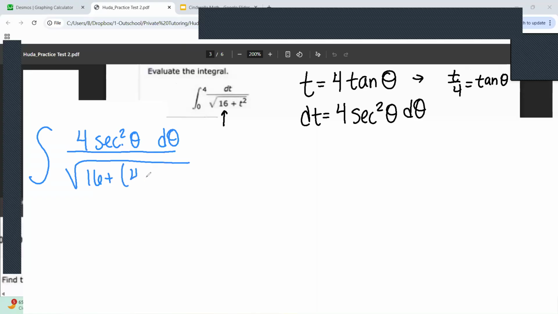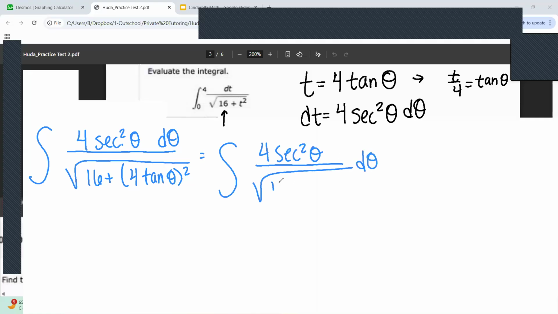Well, our t is 4 tan theta, and then we're going to square. Okay, so the top is fine. If you don't like the d theta on the top, you can stick it to the side. And the bottom is going to be 16 plus 4 squared is 16 tan squared is tan squared.